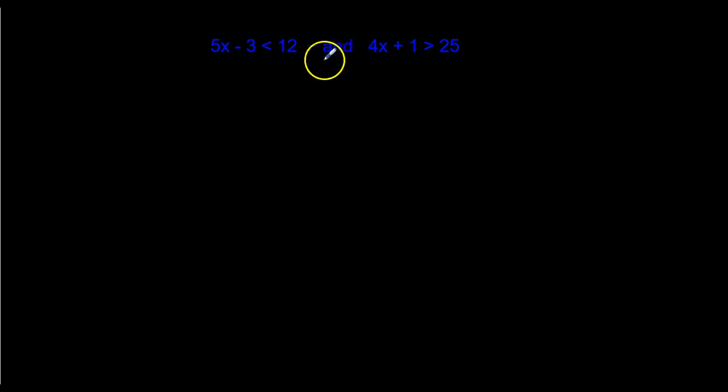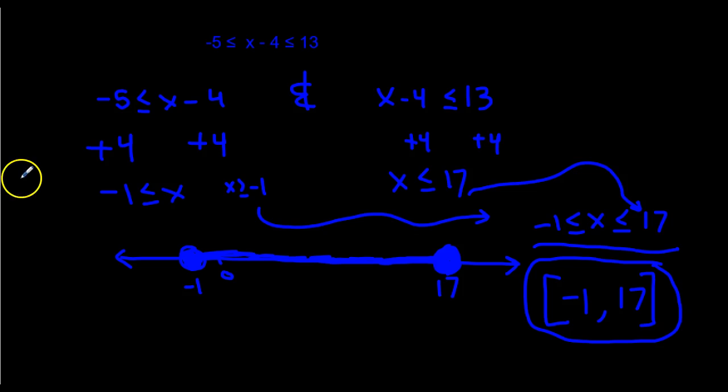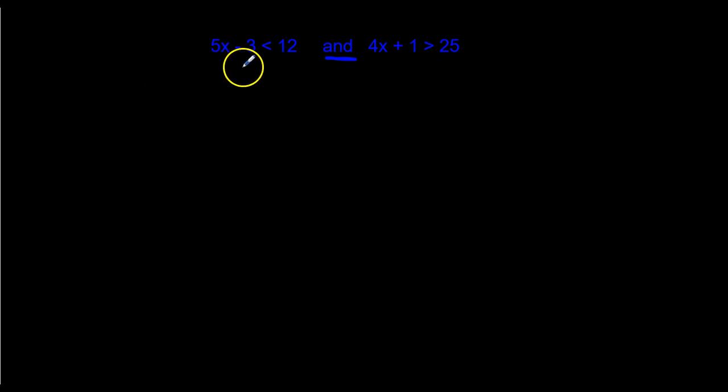So again, we have an and. Sometimes they can even write ands as a word and not just like this. So we'll just solve these each individually. I'll add 3 to both sides. I get 5x needs to be less than 15.